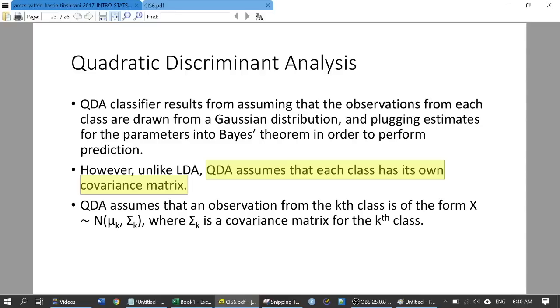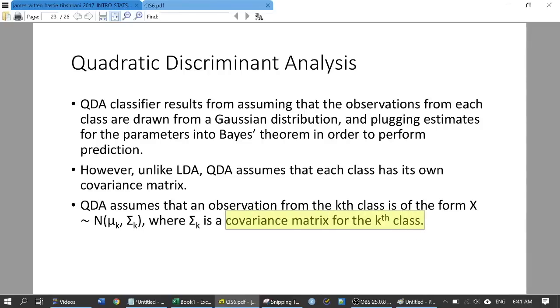So the QDA assumes that an observation from the kth class, let's say you have classes 1 to 3, is of the form X, which is normally distributed with the mean of mu K, where K is equal to 1 to 3 if you have 3 categories, and the sigma K. So this is a normal distribution, the Gaussian distribution, with a mean of mu K and the variance of sigma K. But because this is multivariate, sigma K is actually the covariance matrix for the kth class.